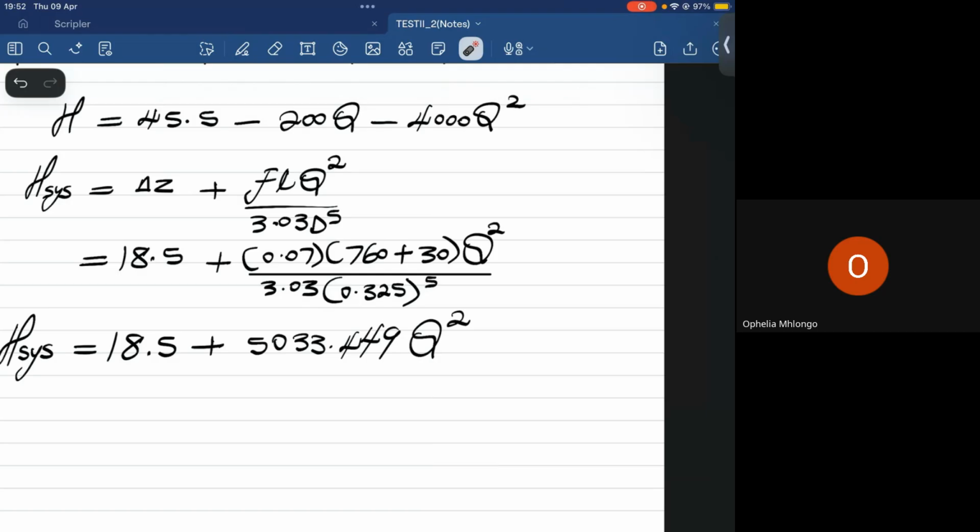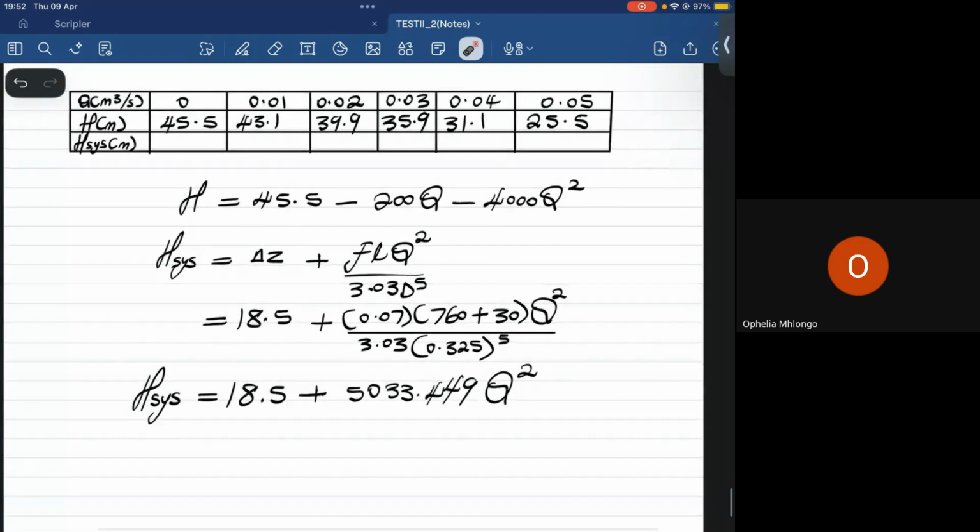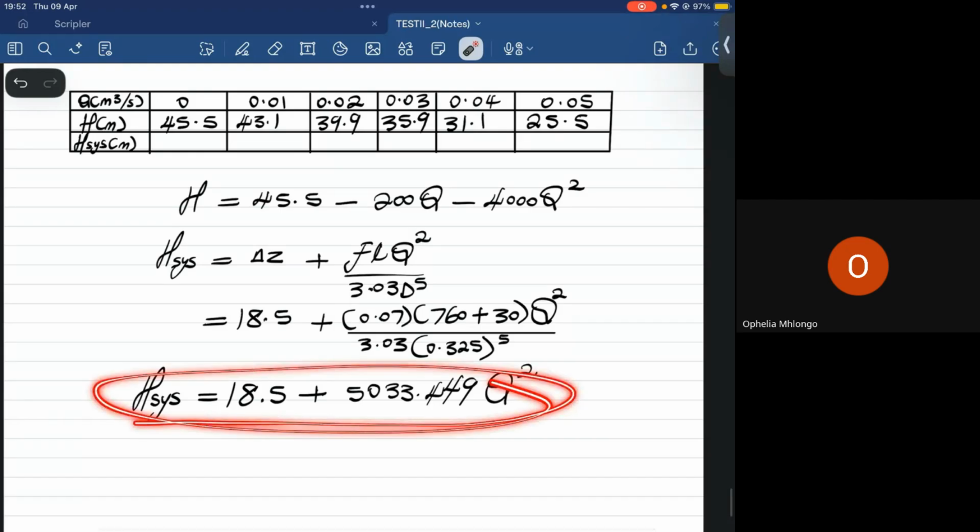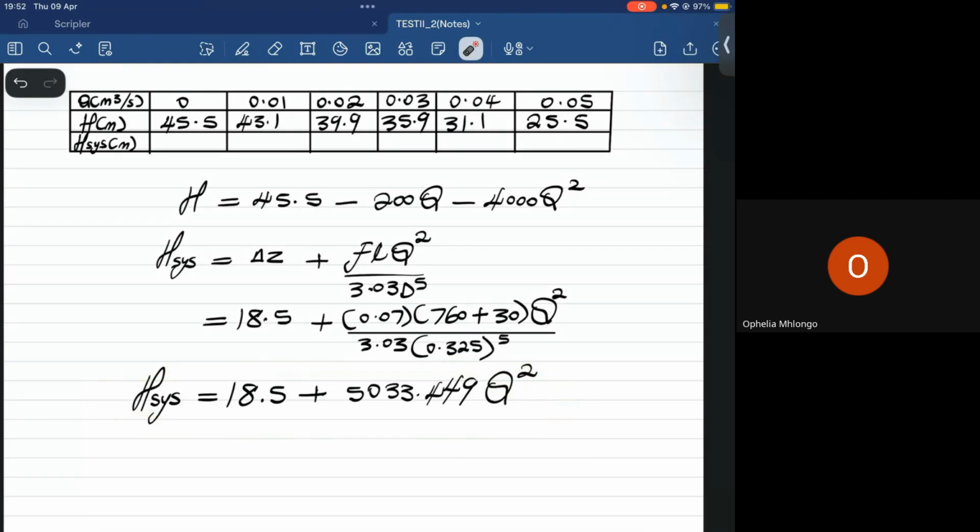So meaning that we will be using this equation of the system head to find the readings of the system curve, like the characteristic curve.